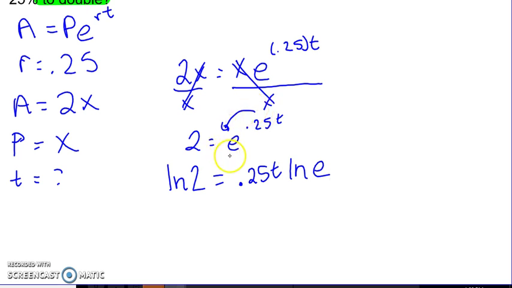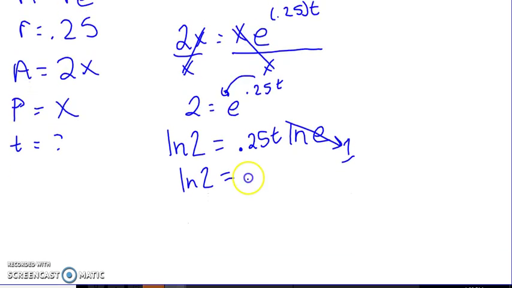I know ln of e is automatically 1 based on the rules, so I'm just left with 0.25t. My goal is to solve for t, so I divide by 0.25 on both sides.